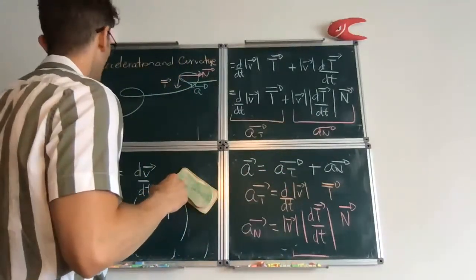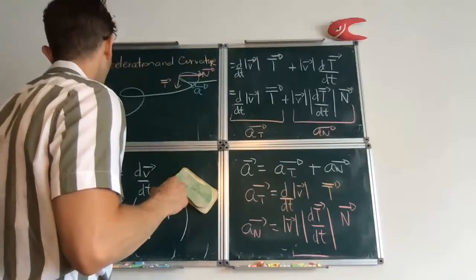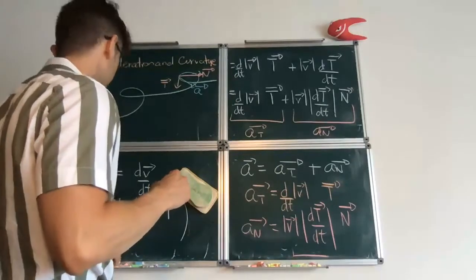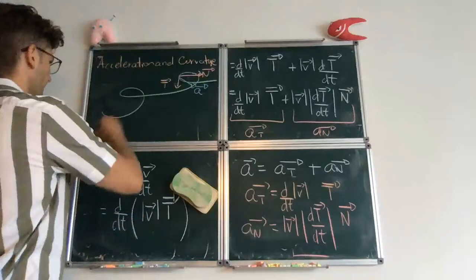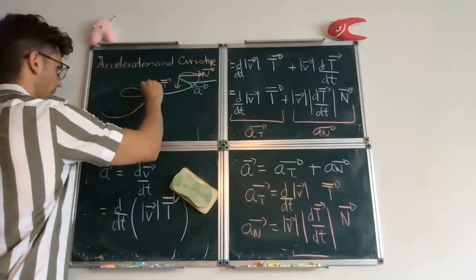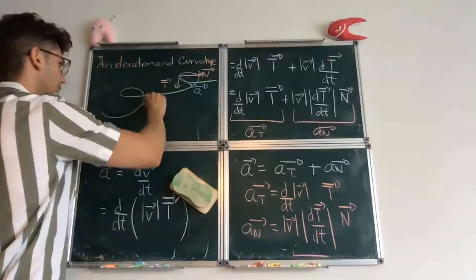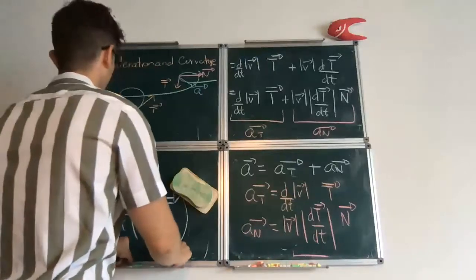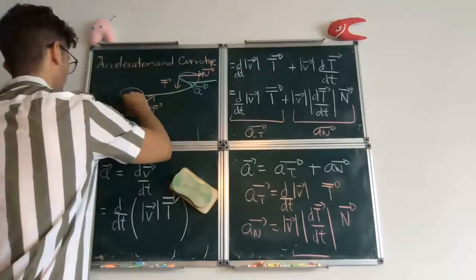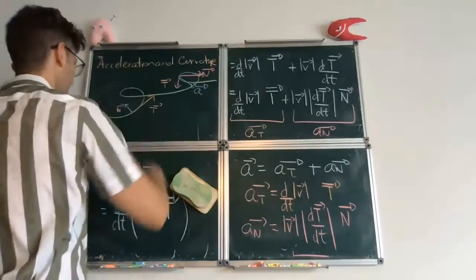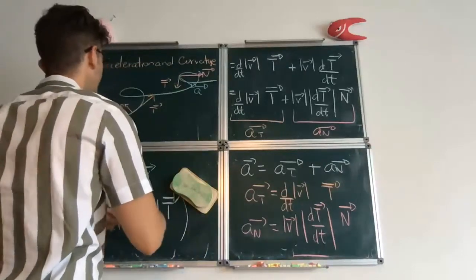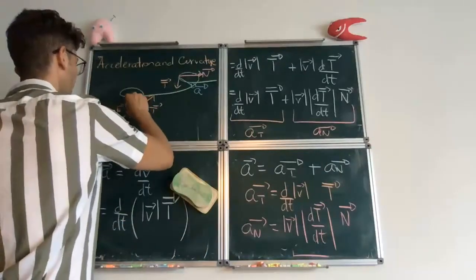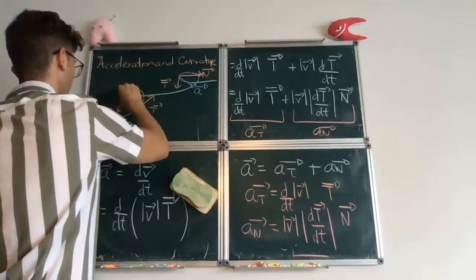And at another point on the curve, maybe here's the tangent vector, here's the normal vector, and again, some rescaled version of these two will give you back the acceleration.